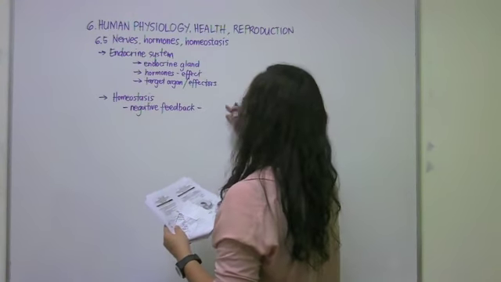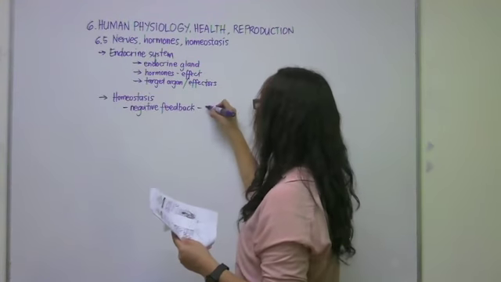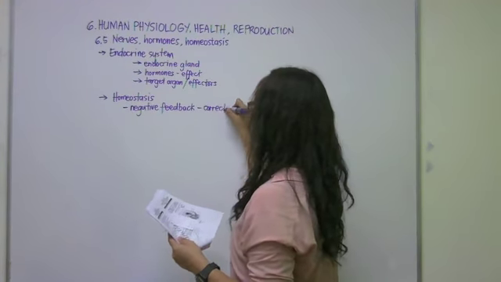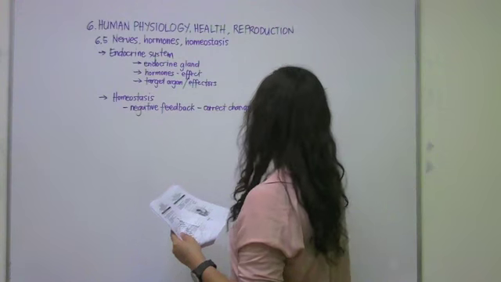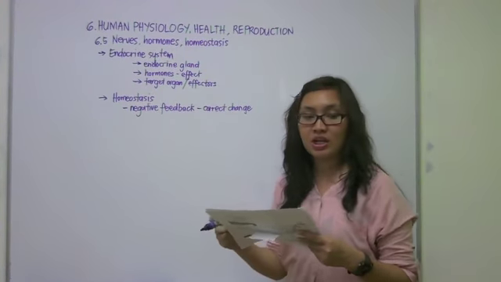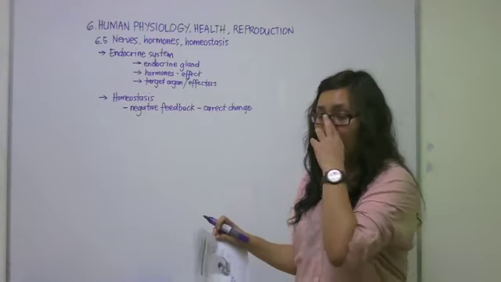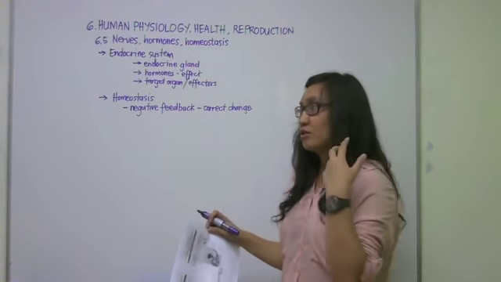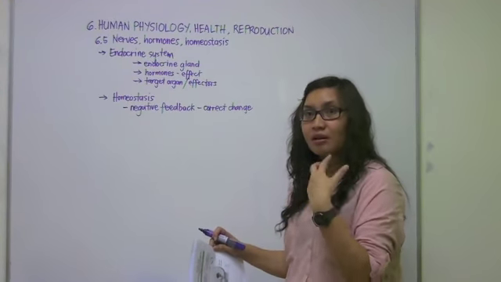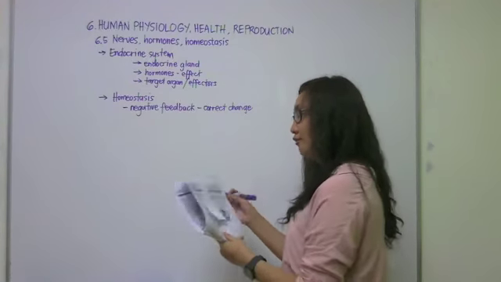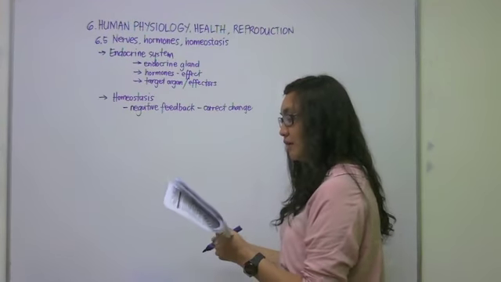We just need to indicate that the end goal of negative feedback is to correct the changes. Any stimulus or any changes are returned back to normal by negative feedback. So any increase of something could be decreased using a hormone, and therefore returned to normal condition.